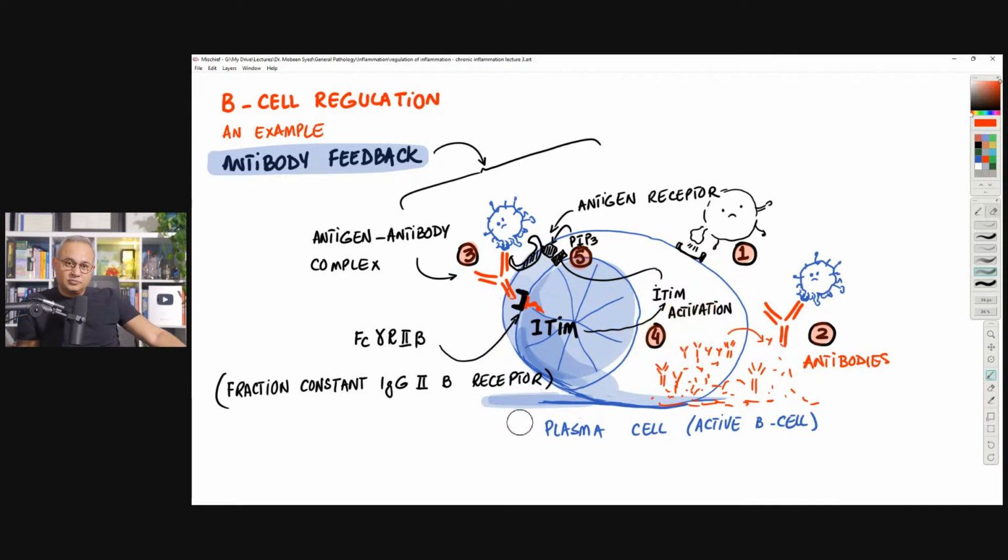No. It says, fine, I have become activated, I'm now going to continue to produce antibodies. And continuous production of antibodies is going to mean chronic inflammation. Fortunately, this is not very common, so we are okay, but this is the B cell regulation.